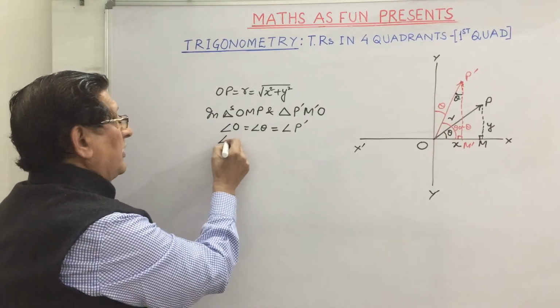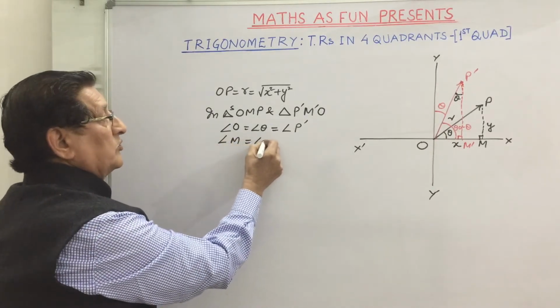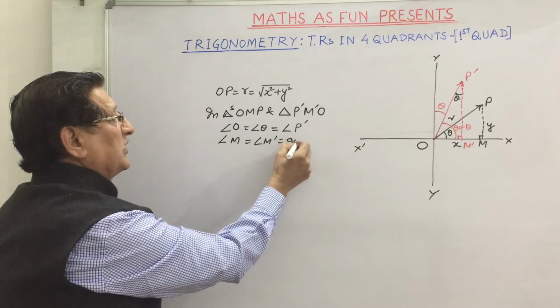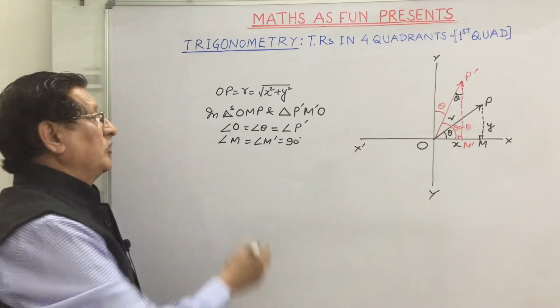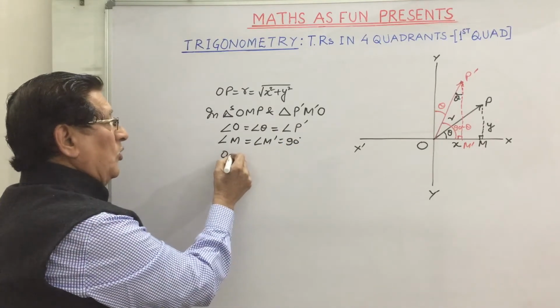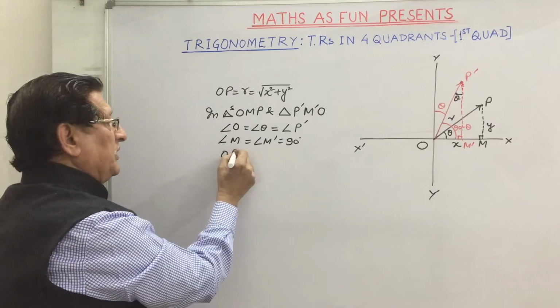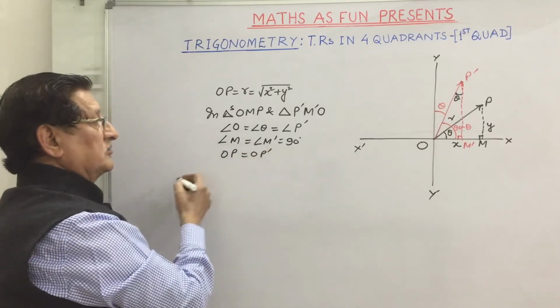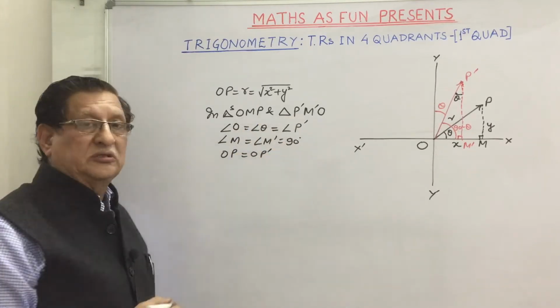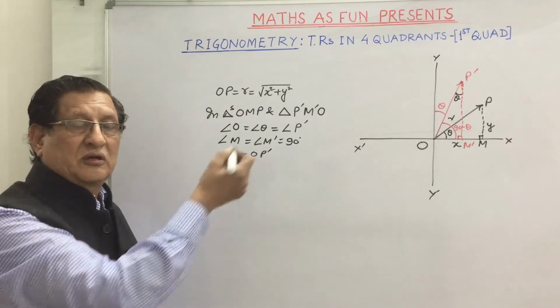Also we find angle M is equal to angle M dash, they are both 90 degree. And also we find that OP is equal to OP dash. So do you find that they are congruent to each other? Two angles and one side.